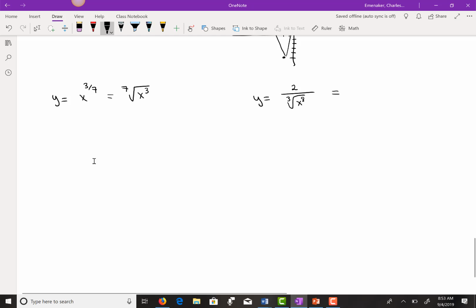You're going to need x to the 3/7 so that you can do the integral. Well, I don't know what derivatives and integrals are, but that's what we're going to be doing all year long. So you can't do anything for the rest of the year unless you can rewrite that as x to some power. The rest of the year is done until you can do that, literally. That means up through May, not up through December.